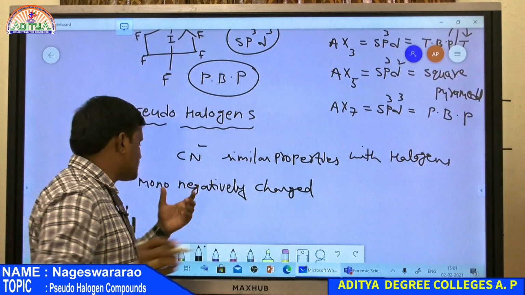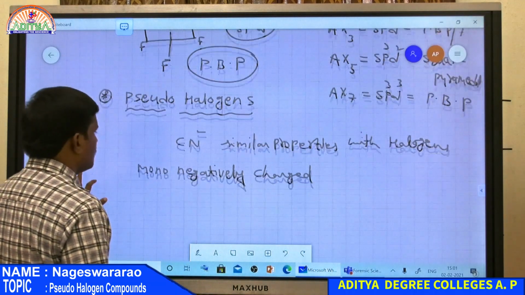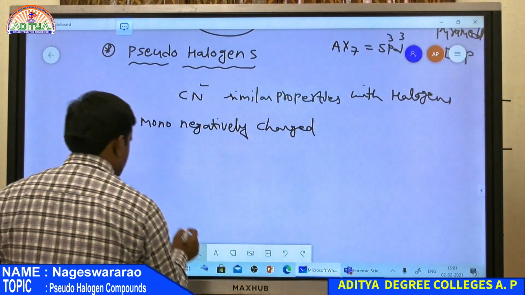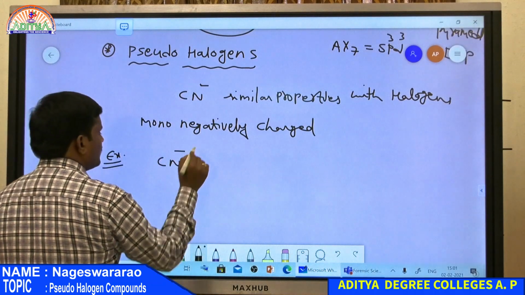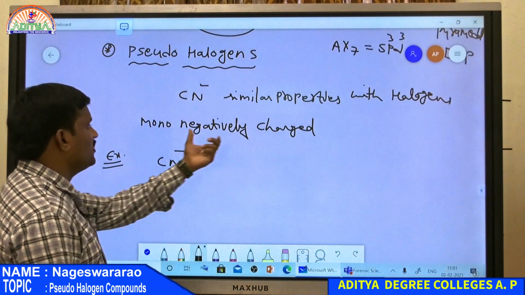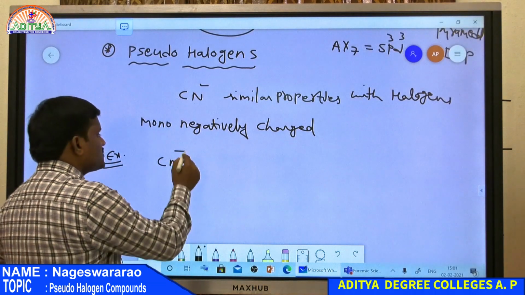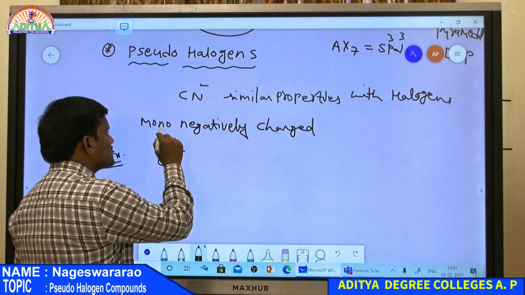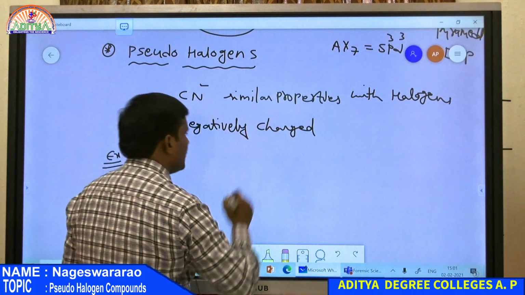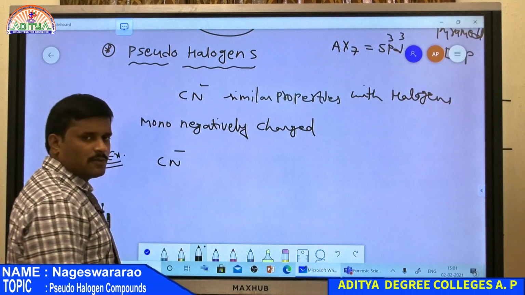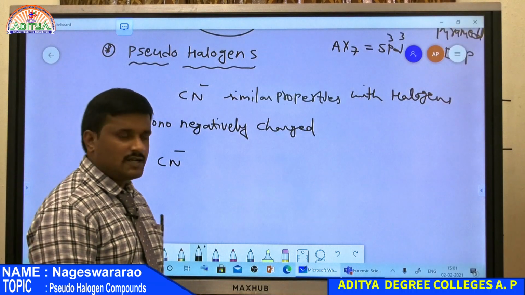The best example is cyanide. Cyanide is a pseudohalogen because it is a mono negatively charged ion. So here -1 charge, and it also has some properties similar to halogens, which we will discuss later.